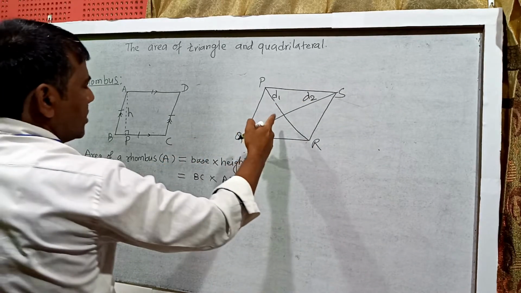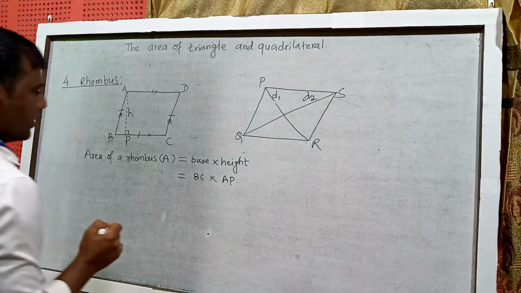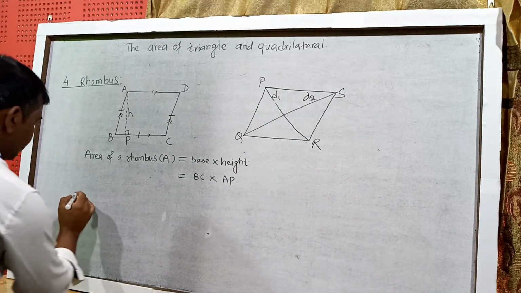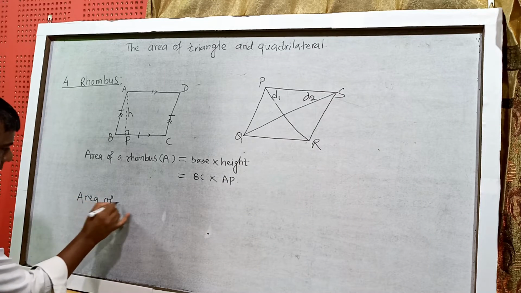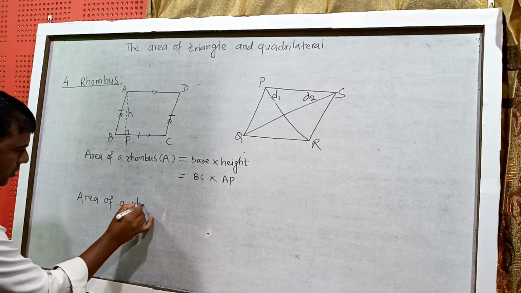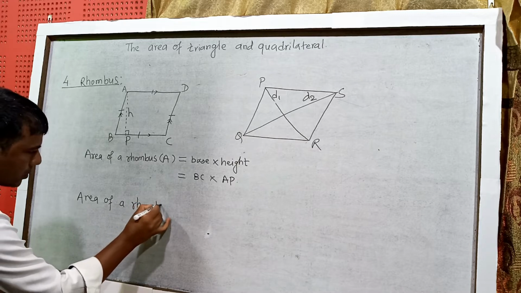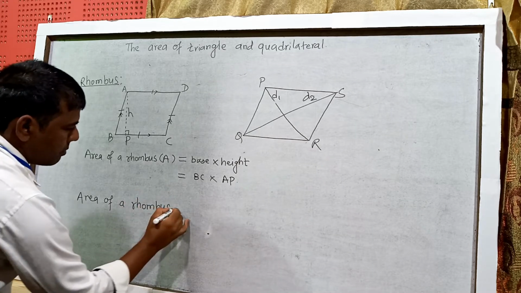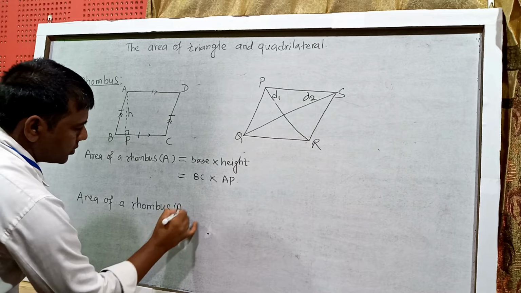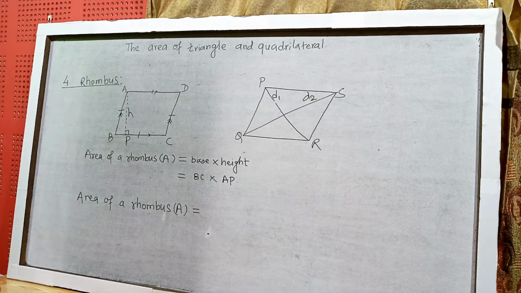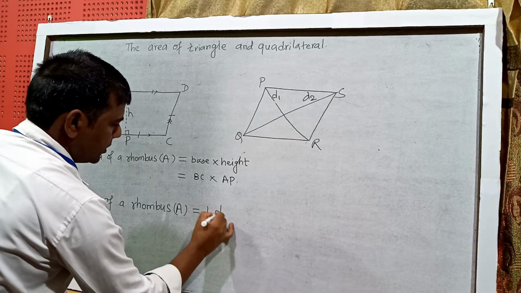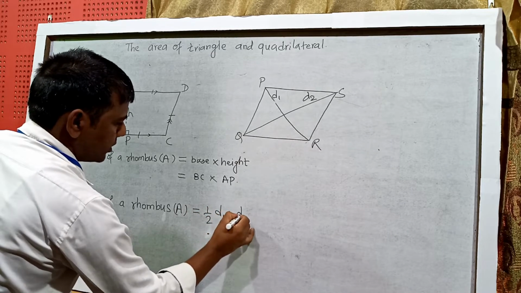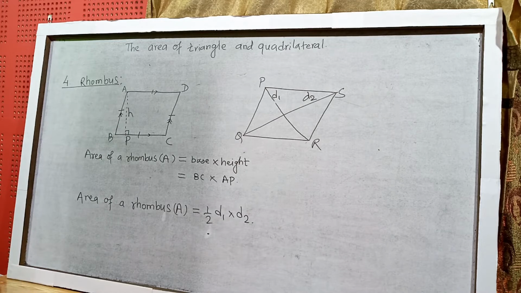Then the area of this rhombus, A, equals half D1 into D2, first diagonal into second diagonal.